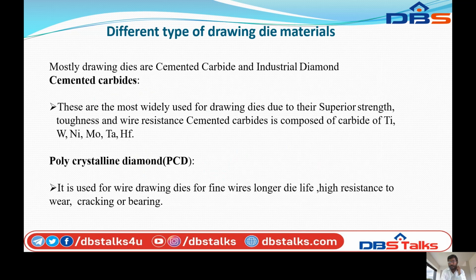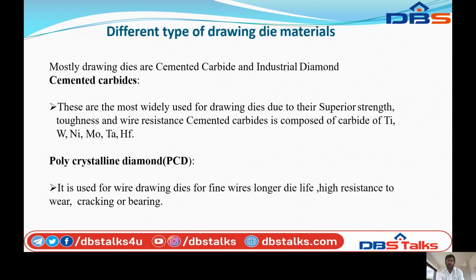Now, different types of drawing die materials. Mostly drawing dies are cemented carbide and industrial diamond. Cemented carbide is most widely used for drawing dies due to its superior strength, toughness, and wear resistance.